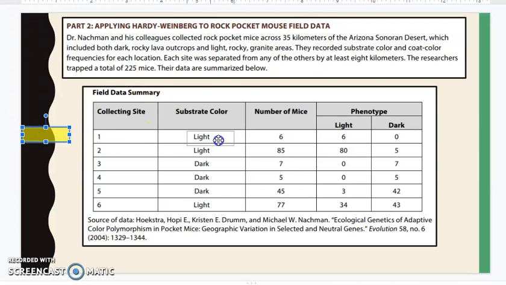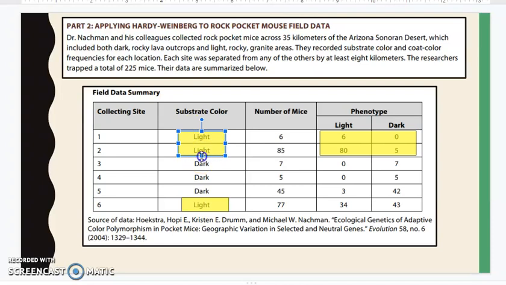So if you look here at the substrate color, so here's light substrate, and then we also have another light substrate here. So when we talk about the numbers of mice, what we can see is in these total mice right here, they're divided in between light and dark colored mice. And so that's how you read this chart.